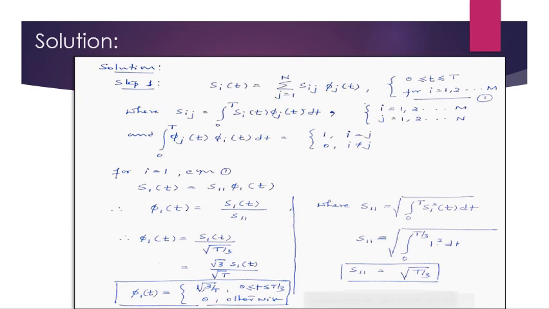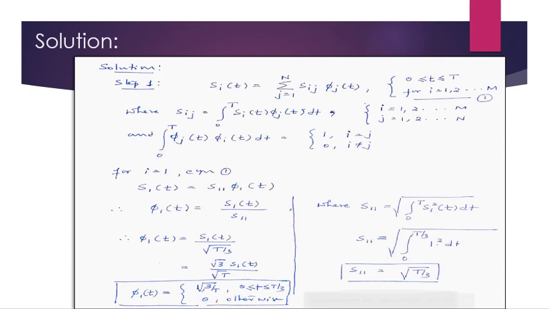S11 equals root of the integration from 0 to T of S1 square of t dt. Why? Because as we already defined in the above formula, phi j of t into phi i of t equals 1 when i equals j, and as here i and j are both equal to 1, it will be S1 square.